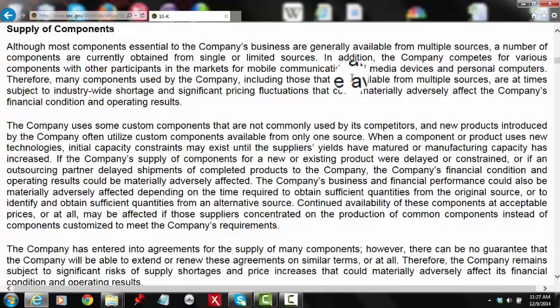Here it says that it uses custom components that are not commonly used by its competitors, and new products introduced by the company often utilize custom components available from only one source. When a component and product uses new technologies, initially capacity constraints may exist until the supplier's yields have matured.